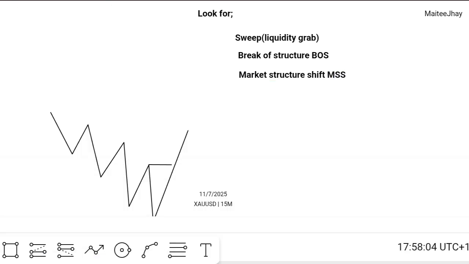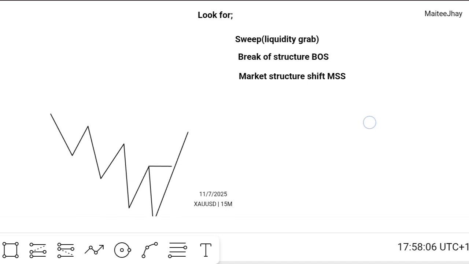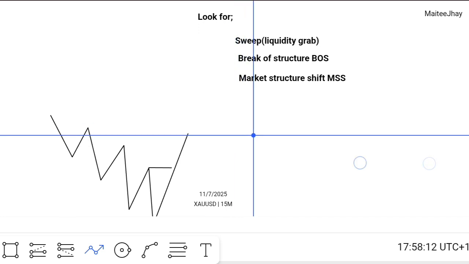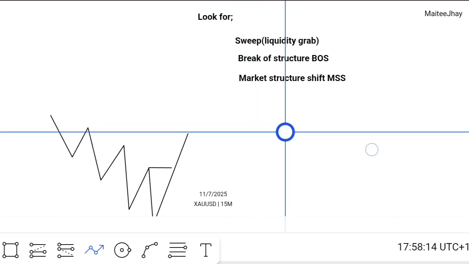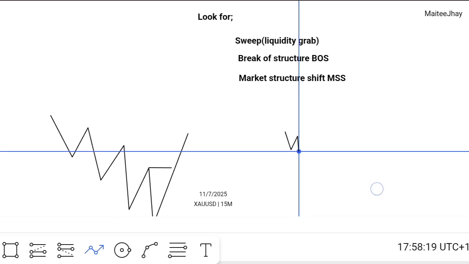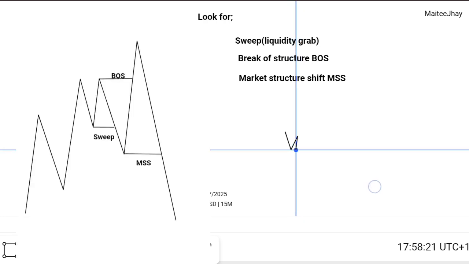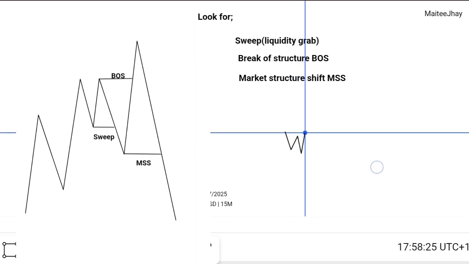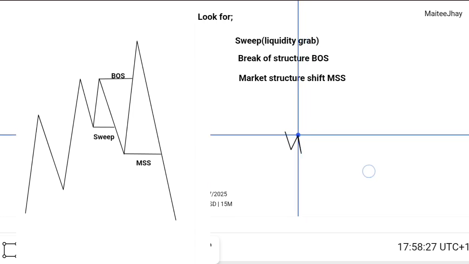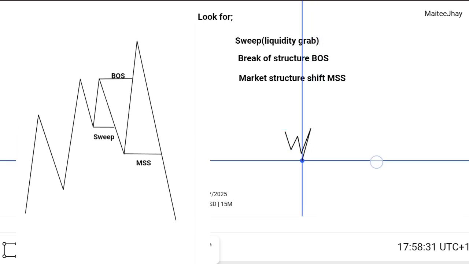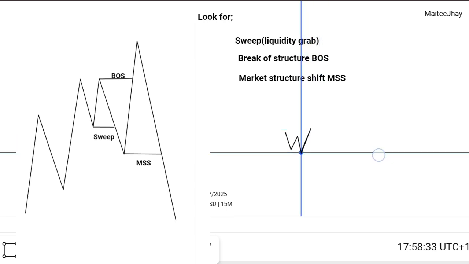Like this. So at this point, this is your sweep. Let me give you an example of that. You need to see the market doing something like this: sweep this point, and then turn back to break this structure up here, giving you this point as a break of structure, coming down to give you a market structure shift here.